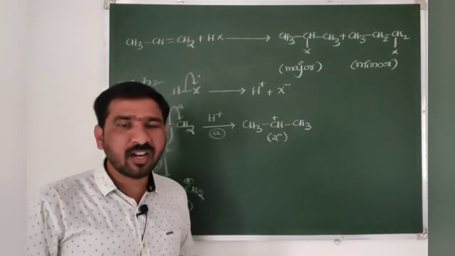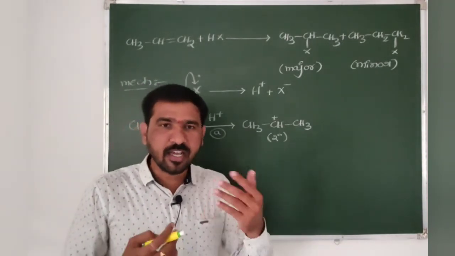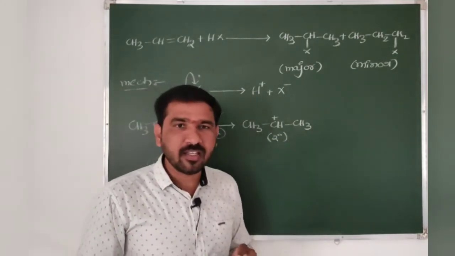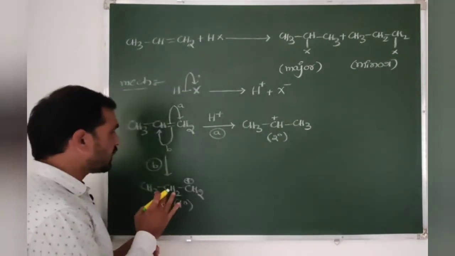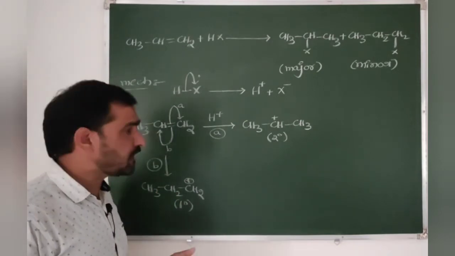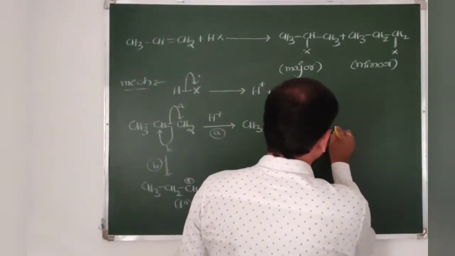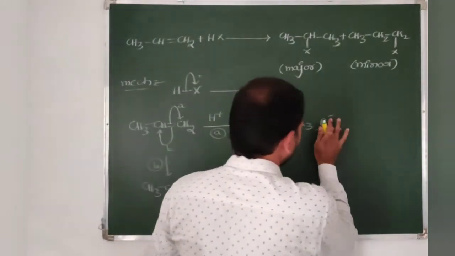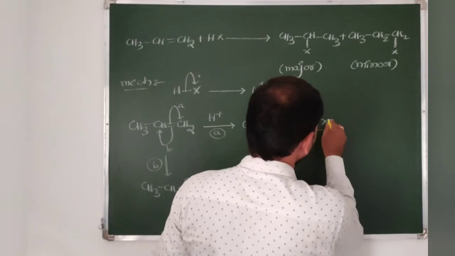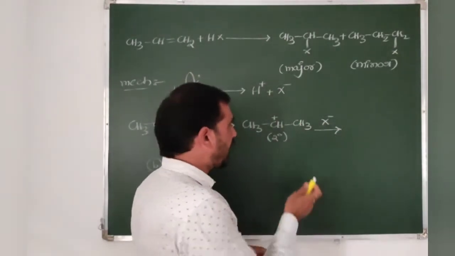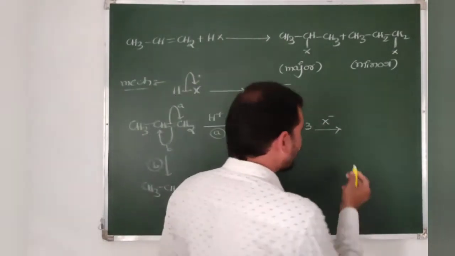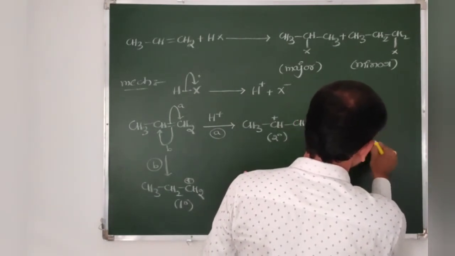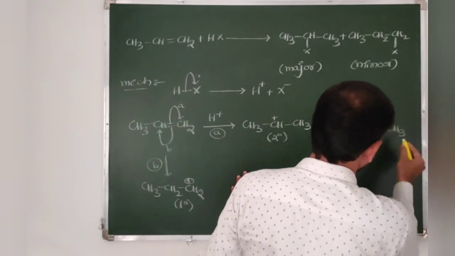Due to bond polarization effects like inductive effect and hyperconjugation, 2-degree carbocation is more stable than 1-degree carbocation. Thereafter, what happened here? Br minus or X minus, right, added to this positive charged carbon. It results CH3 CHX CH3.